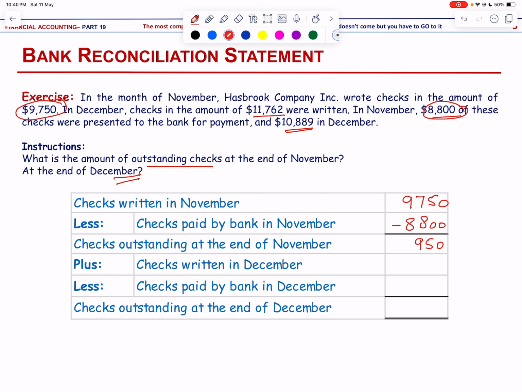To this, we are going to add the checks written in the month of December, that is 11,762. And from this we are going to subtract the checks that were paid in December, that is 10,889. So the result is the outstanding checks at the end of December is 1,823.